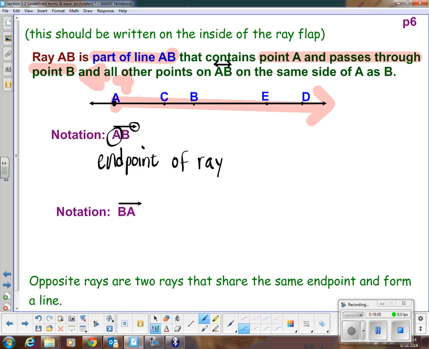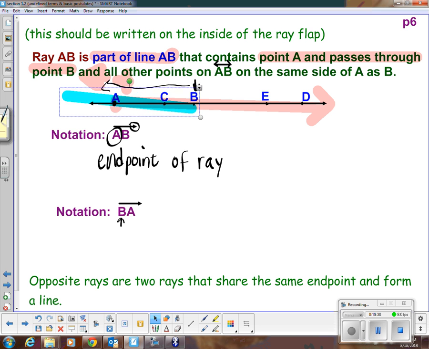Now I want you to see the difference between ray AB and ray BA. What that means is my ray is going to start at B, and it's going to go in the direction of A. So this ray is going to go this way. Let me get a different highlighter. I think I'll use blue. So this is going to start at B, and it's going to go this way forever. Well, that didn't work very well. All right, so I will rotate this a little bit.